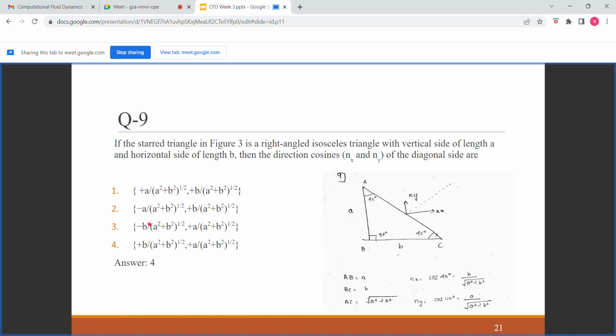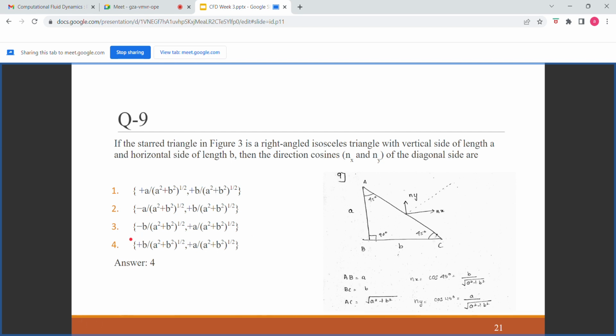In this answer, the sign of the direction cosine is wrong. And in option 4 it is B by root of A square plus B square, comma A by root of A square plus B square. So the answer to this question is option 4.